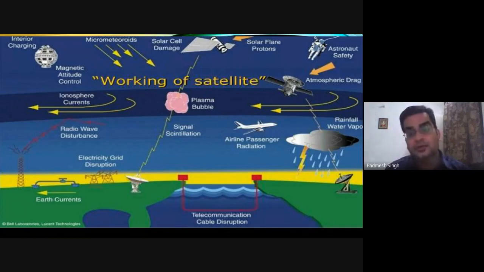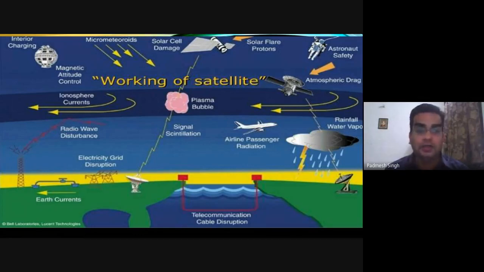Then radiation of the airlines, or we can say the signal being passed through the airlines also affects the working of satellites. Now, in this way, we can say the radio disturbances, the signal from the other satellites, passenger aircraft radiations, and water vapors and clouds disturb the satellite signal strength during uplink and downlink in the lower portion of the atmosphere.